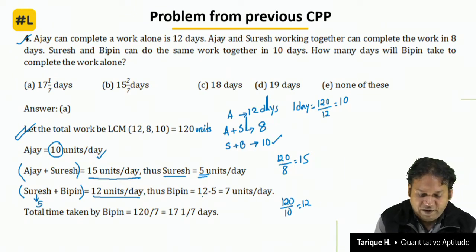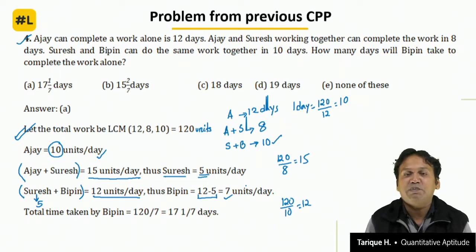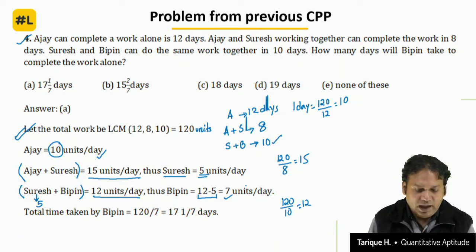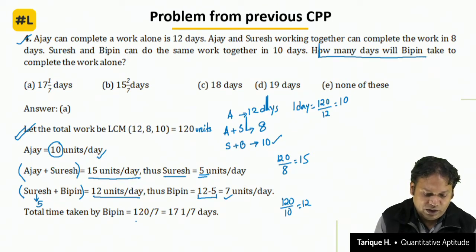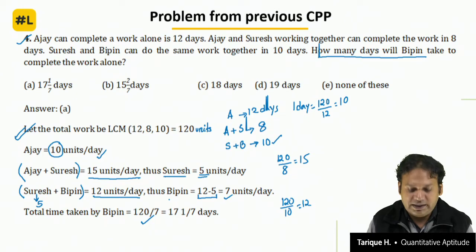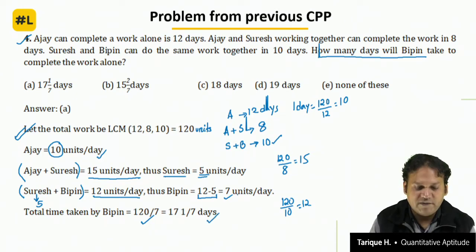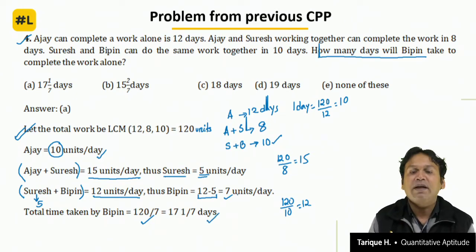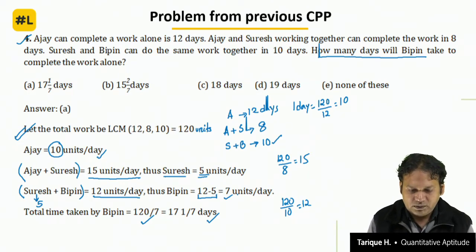So Bipin we can find out by subtracting 12 and 5, that's how we get 7 units per day for Bipin. And the total time taken by Bipin, how many days will Bipin take? 120 by 7 or 17 1 by 7 days. That is how we have got the answer for the question from the previous CPP, from the topic of time and work.